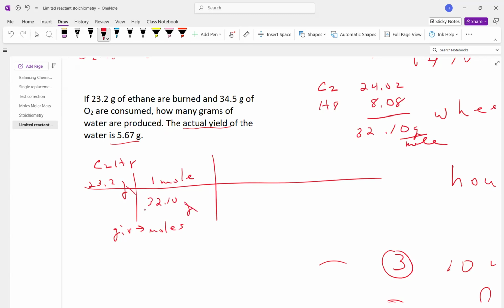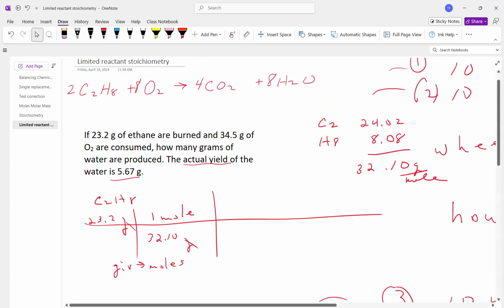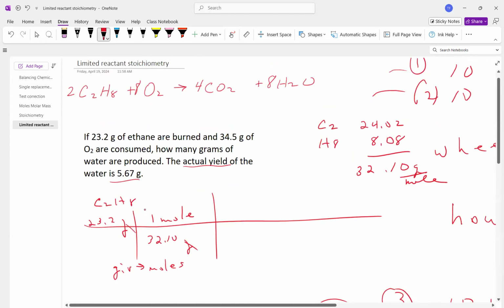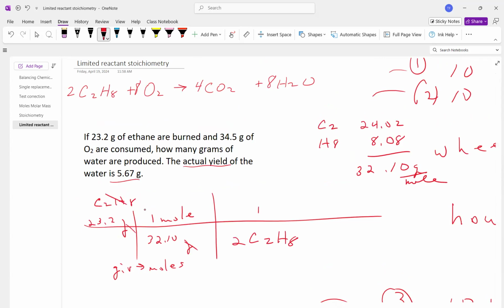Now, the balanced equation. Ethane needs to be on the bottom, water on top. Now we need to go from moles of water to grams of water.